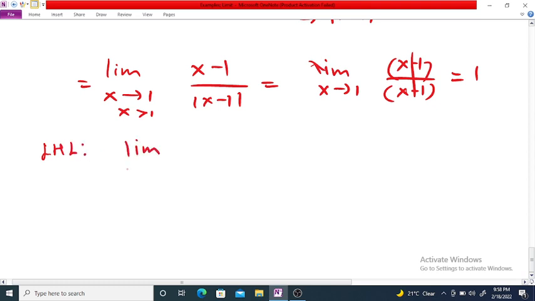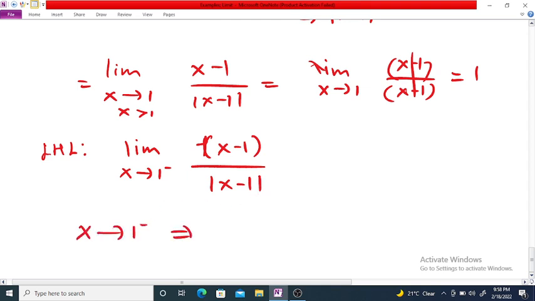Now if we consider the left hand limit, limit x tends to 1 minus of x minus 1 divided by mod of x minus 1. Now here x tends to 1 minus implies x tends to 1 but x is less than 1.